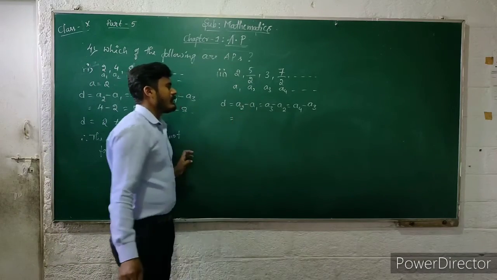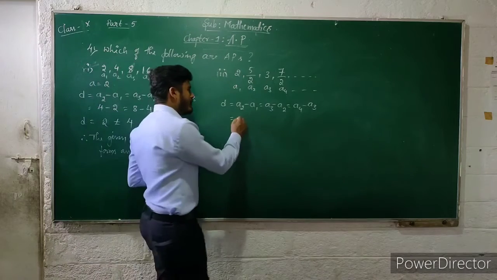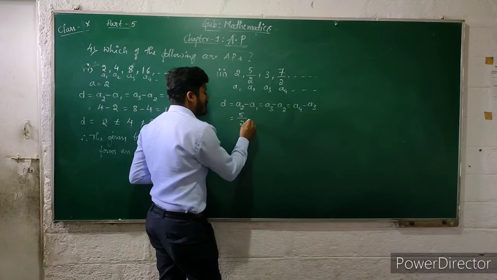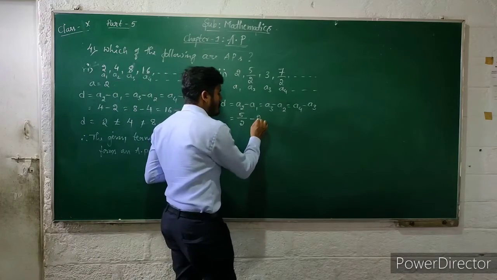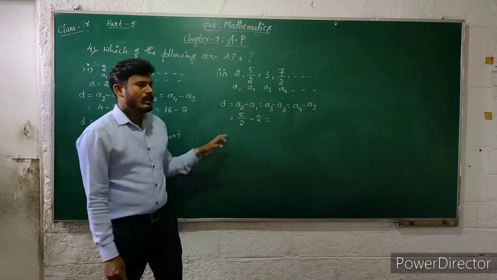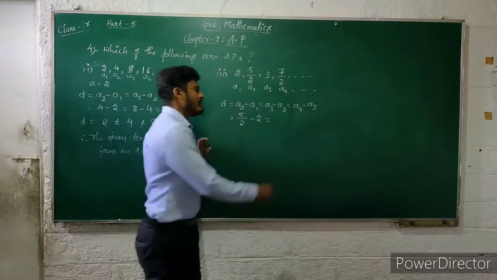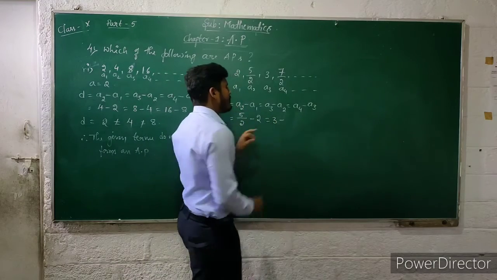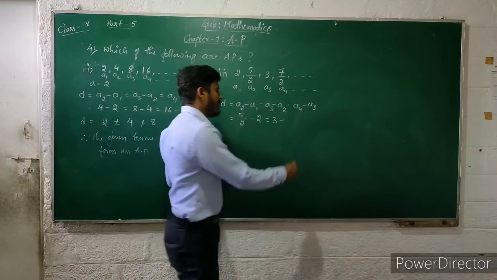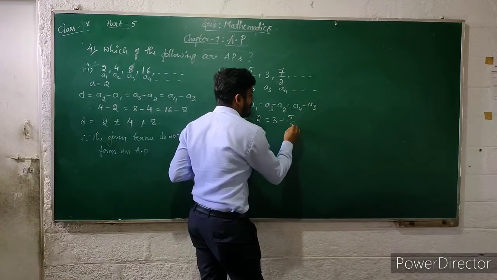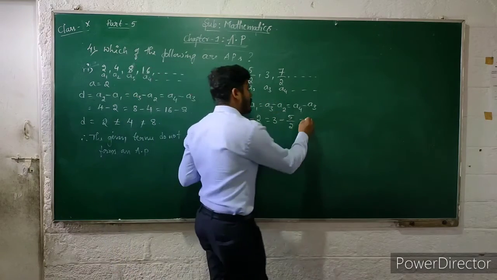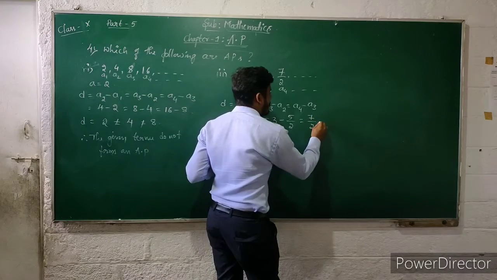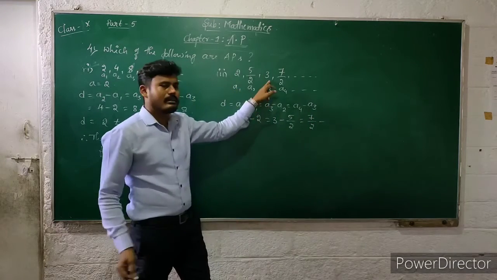This is equal to, here a2 is 5 by 2 minus a1 is 2. This is also equal to a3, the value of a3 is 3, minus a2 is 5 by 2, equal to a4 is 7 by 2 minus a3 is 3.